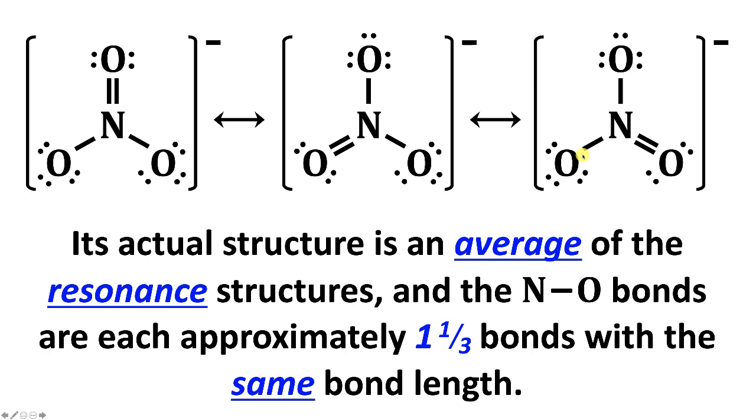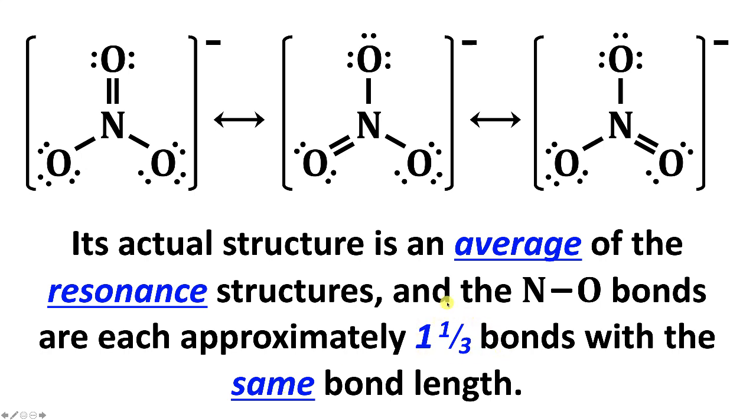Each of them is stronger than a single bond, but weaker than a double bond. Each of them is shorter than a single bond, but longer than a double bond. And the actual structure, in this case, is an average of these 3, what we call resonance structures, with each nitrogen-oxygen bond being approximately 1 1/3 of a bond, and all the bonds have the same bond length.